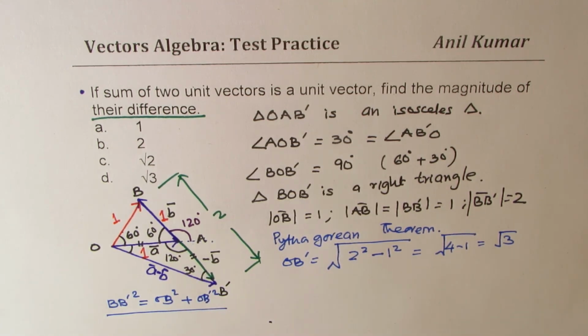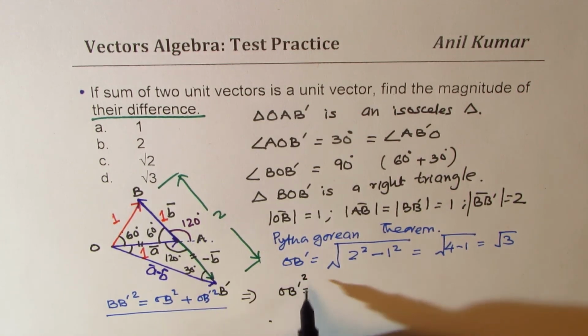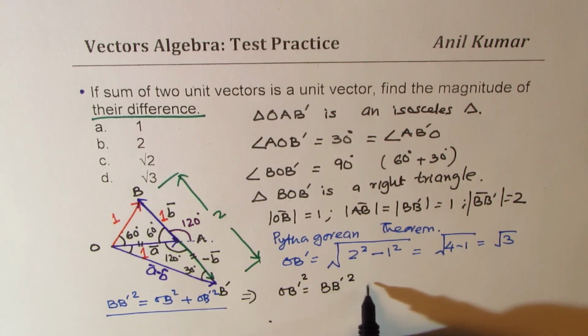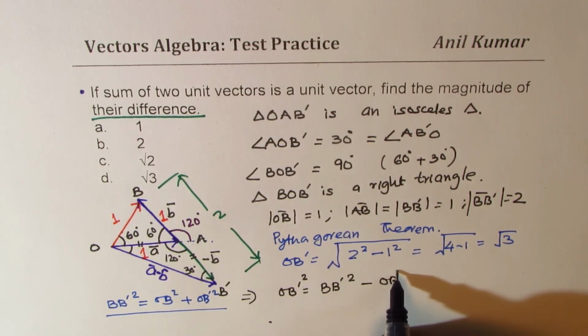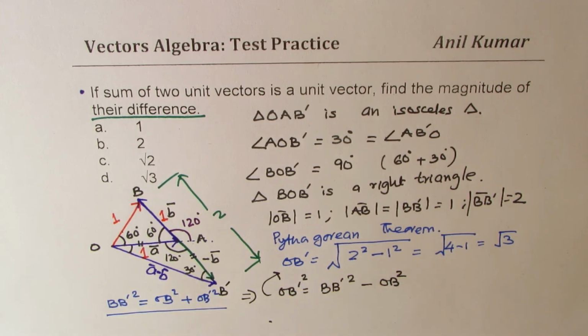Right? Let me rewrite. I just missed these steps. So this square should be equal to BB dash square minus OB square. Is it okay? So from there, you can take the square root and get the answer.